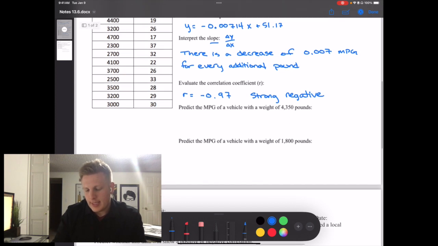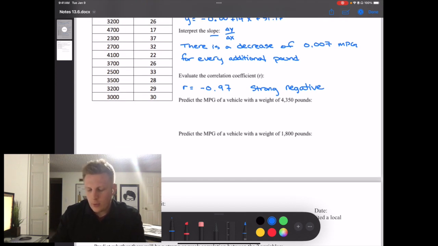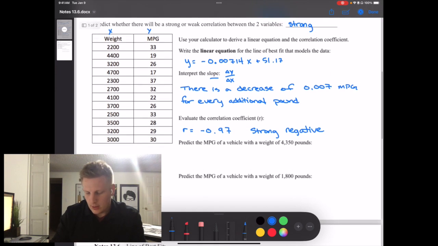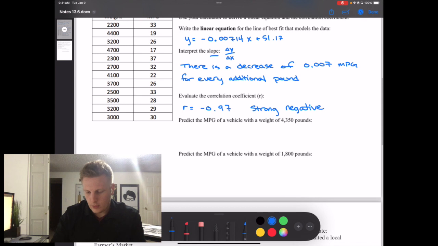The next part says predict the miles per gallon of a vehicle with a weight of 4,350 pounds. So let's plug in some numbers here.